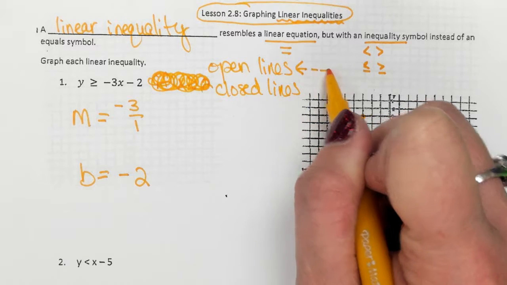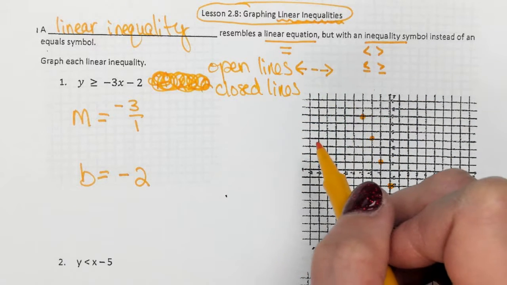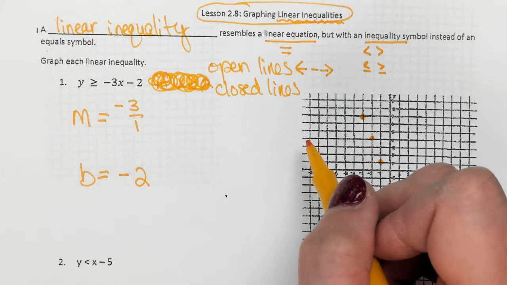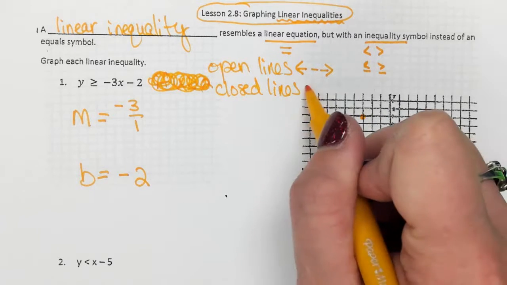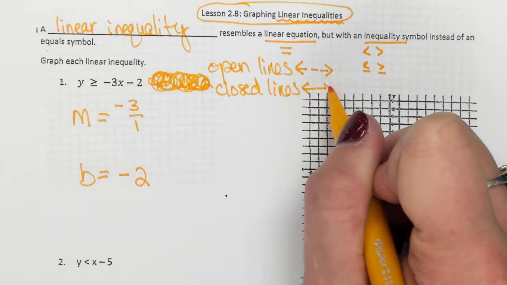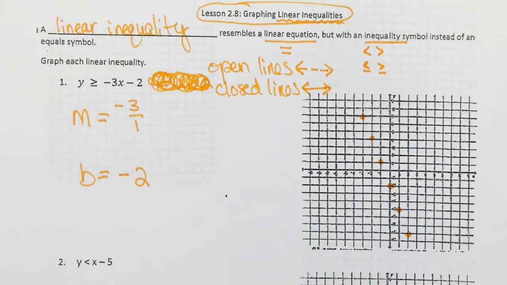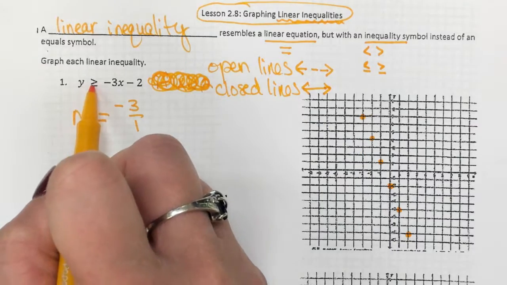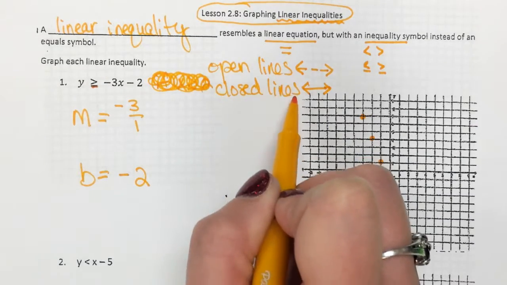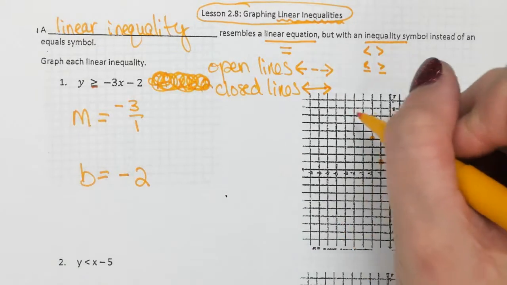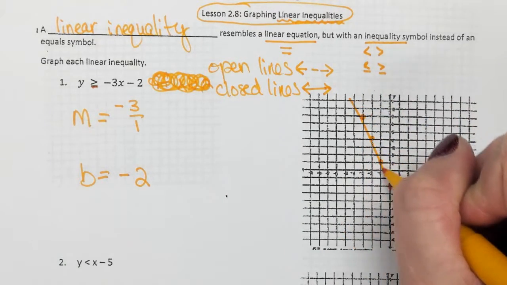It's just going to be dotted like that. And what do you think a closed line would look like? Just a straight, solid line, just like always, okay? All right, so what about this one? Since it says greater than or equal to, is that going to be an open line or a closed line? Closed, just like it always is. Solid line.